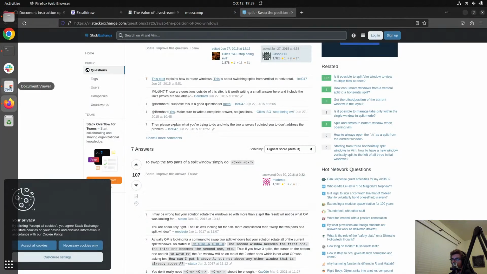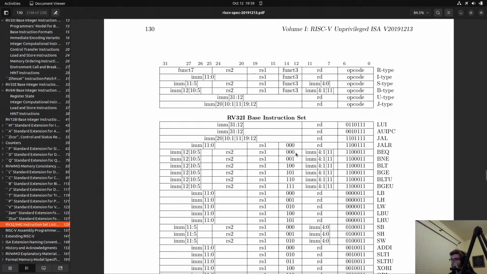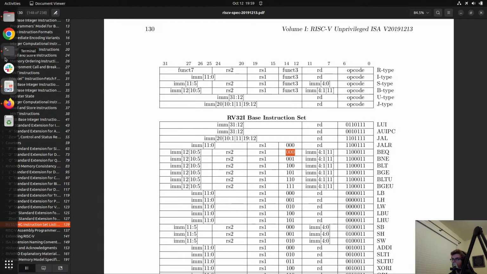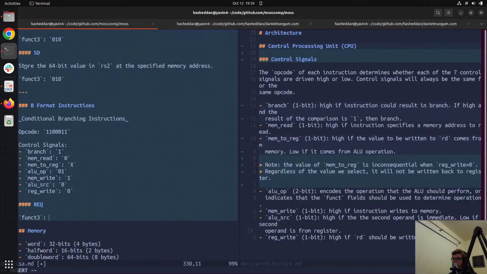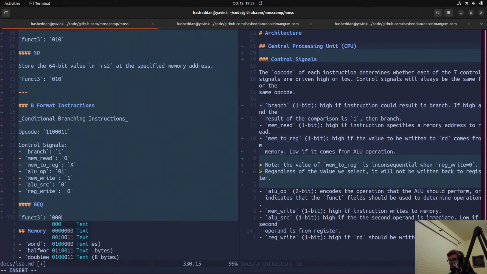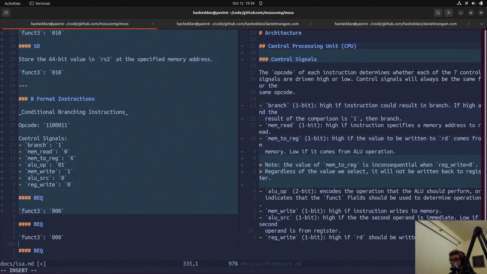Funct3 on this one is 0, 0, 0. BEQ, BNE, BLT. BEQ is branch if equal.